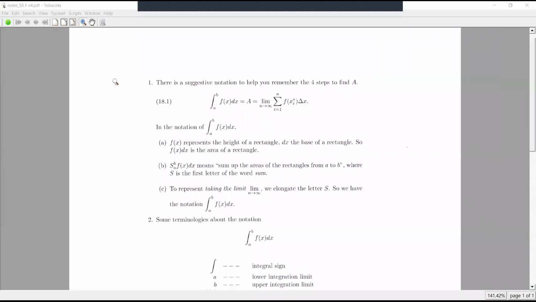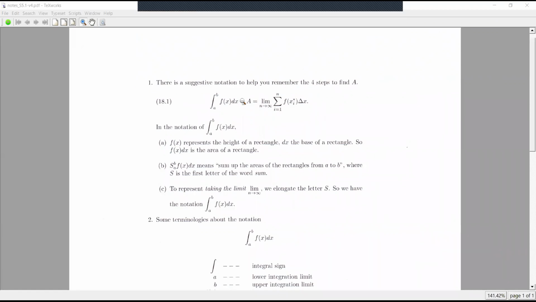Some people may say that it is difficult to remember those 4 steps, too tedious. Here, there is a suggestive notation to help you remember the 4 steps.